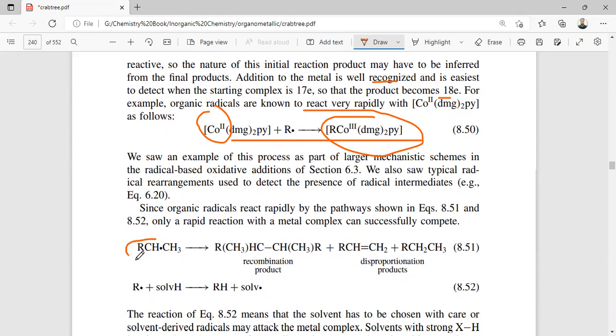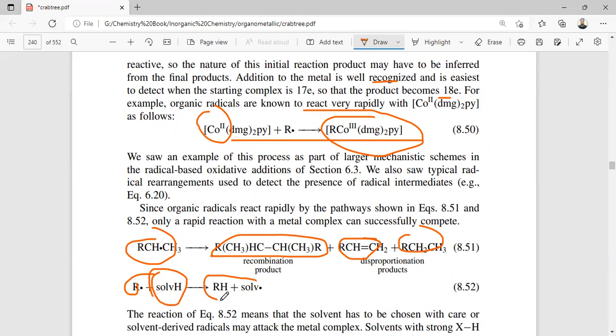So here this organic radical can undergo recombination to form this alkyl dimer, or maybe disproportionation to form this alkene and alkane. Or maybe this radical can abstract a proton from the solvent to give this alkene and a solvent radical species.